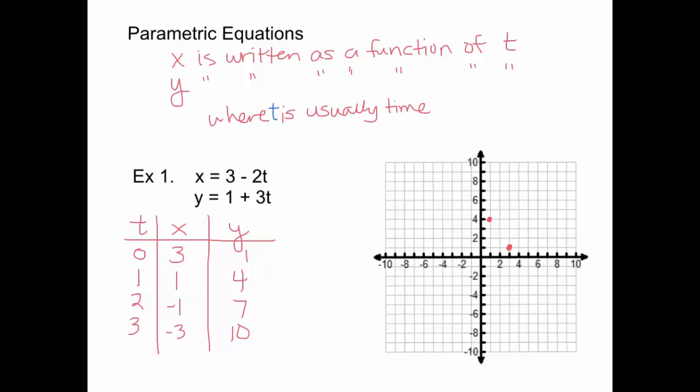So to go from 3, 1 to 1, 4, I would have to go in this direction. So I'm also going to draw an arrow for the direction that this graph is being made, you could say. Next point is -1, 7. Okay, so then this is the next stop on the journey, and then -3, 10.